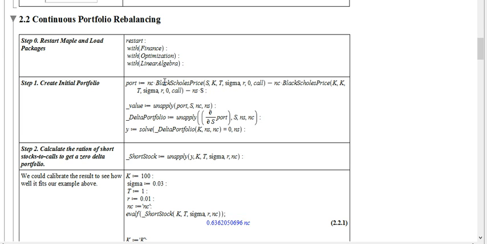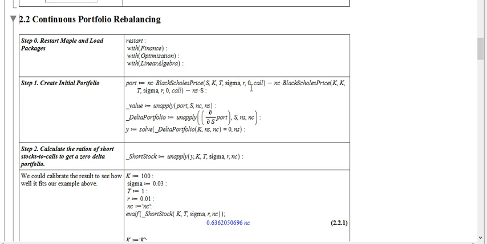So we are going to invoke the command Black-Scholes price from Maple for an underlying price of the stock S, for a strike price of K, time to maturity of T, implied volatility of sigma, a risk-free rate of R.